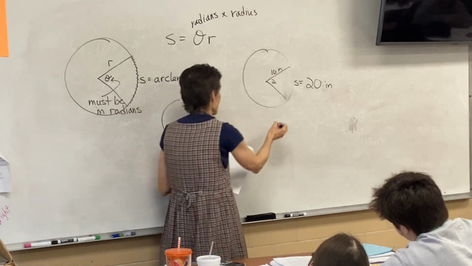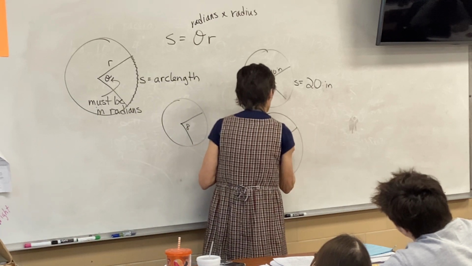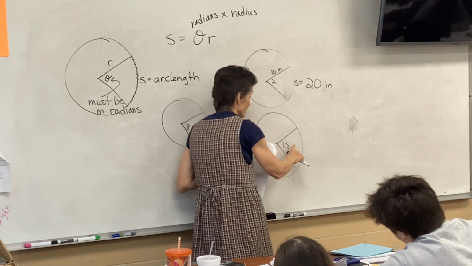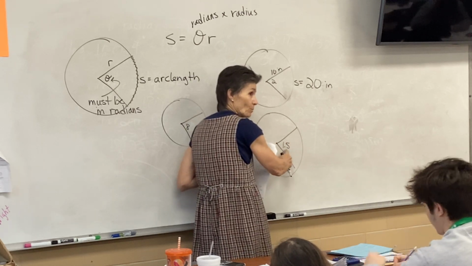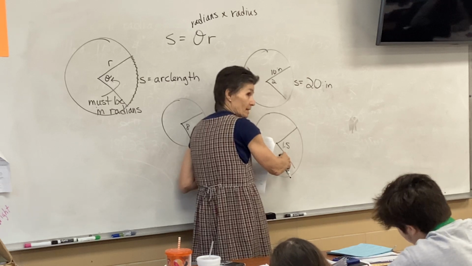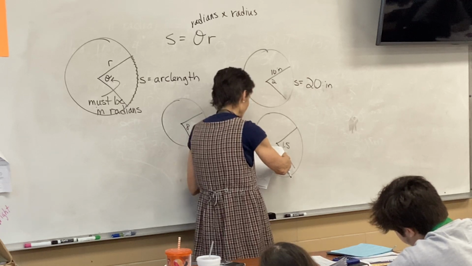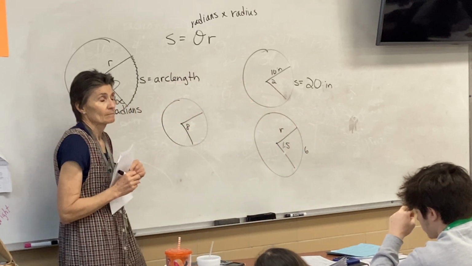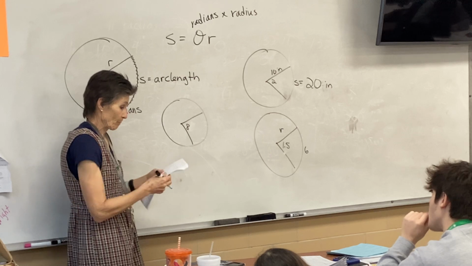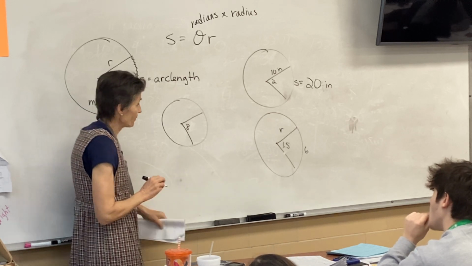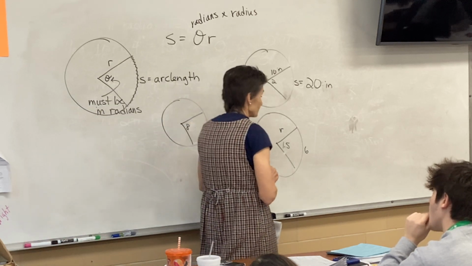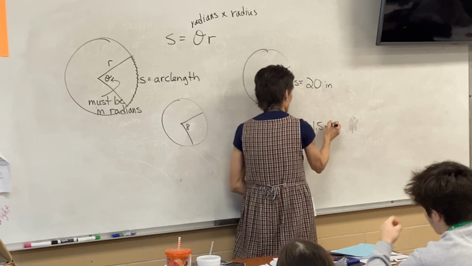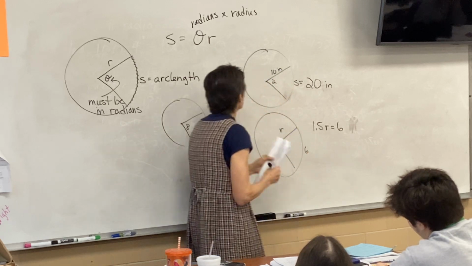All right, let's look at the next one. The next one says the angle is 1.5. Notice no degree mark, so that's a radian. That's good, that's what I want, a radian. The arc length is 6, and I have to find my radius. What do you think I'm going to do? Yeah, my formula says 1.5 times r equals s.